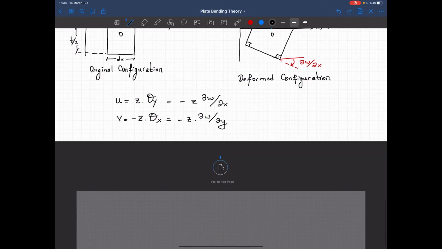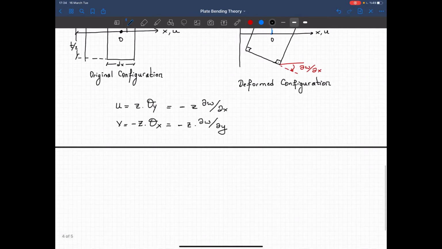Now let's write the strains. Now let's use the engineering strain definition. Now we know that epsilon xx, the axial strain in the x direction, is equal to del u over del x.